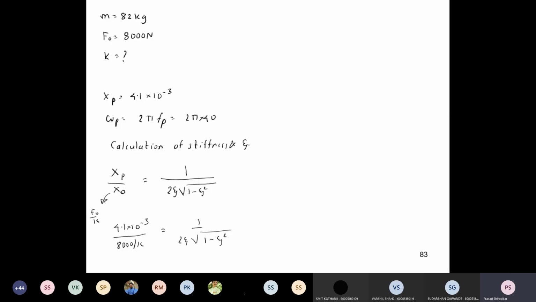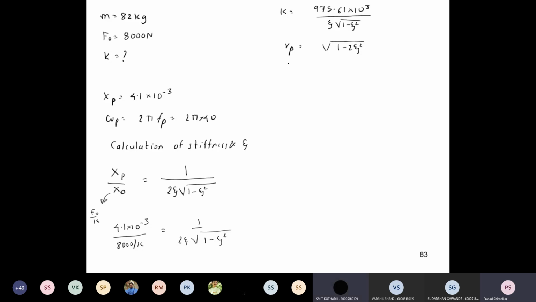Or k is equal to 975.61 into 10 raised to 3 divided by zeta into root of 1 minus zeta square. Okay, just simplified that.